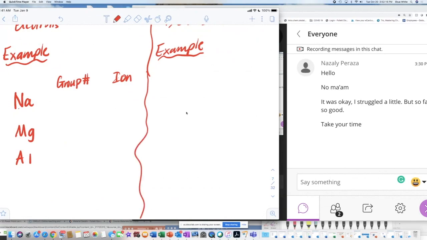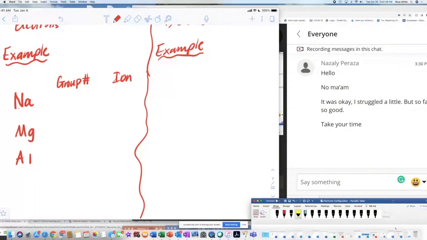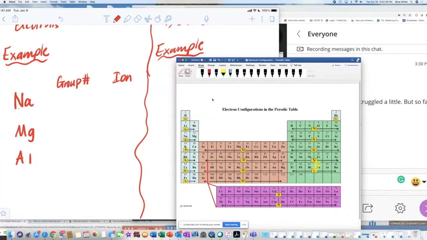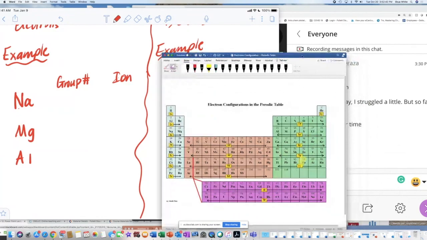Okay, sodium is in group. Can you tell me what group sodium is in? I don't know if I have a periodic table somewhere here. Let me see. Let me erase all the stuff I wrote here. Can you see the position of sodium is right here? Do you know what group it is in?